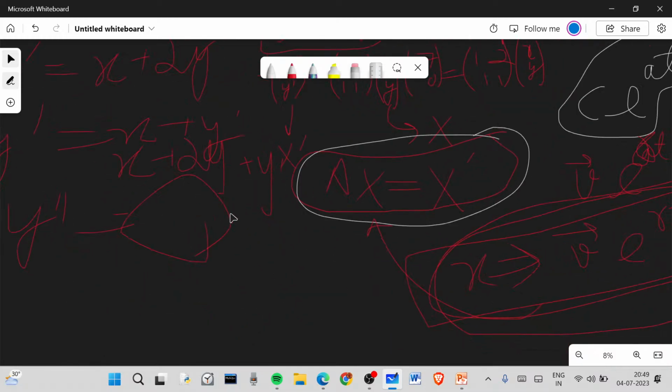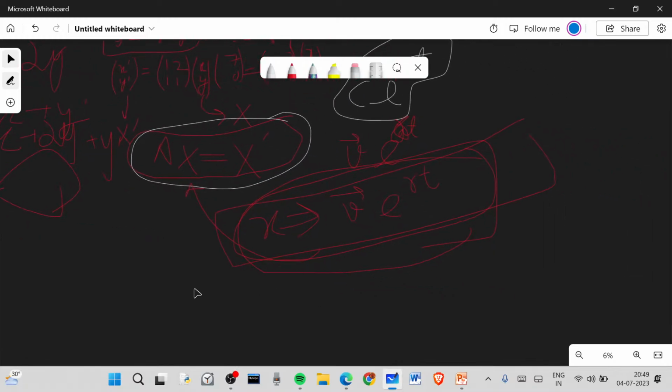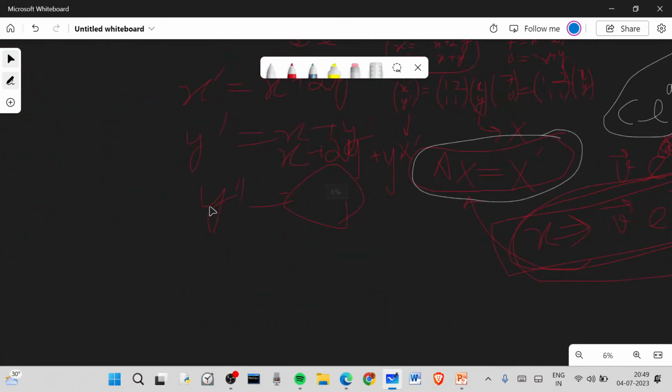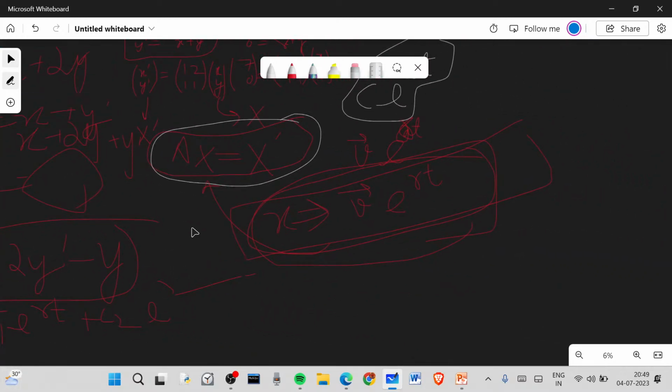You would see that you can guess the form, but I'm lazy to do this thing. Anyway, we are convinced that we will get e to the power something, because in the end we will get a linear homogeneous equation of higher order. Its solution is c1 e to the power something plus c2 e to the power something for y, and similarly, plugging that in, we would get x.